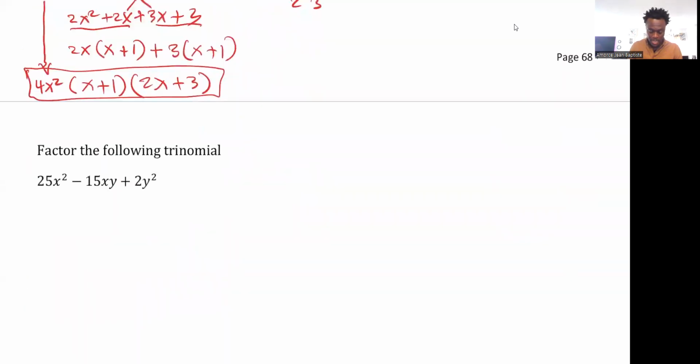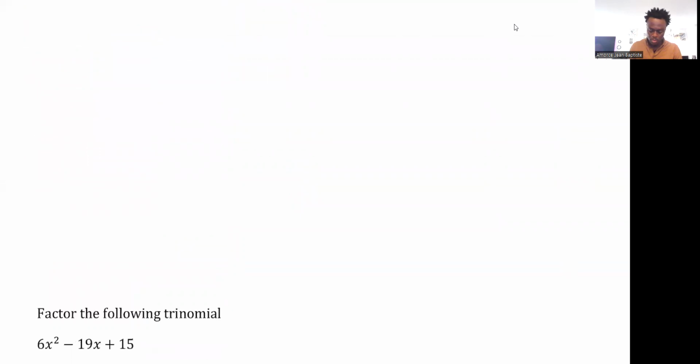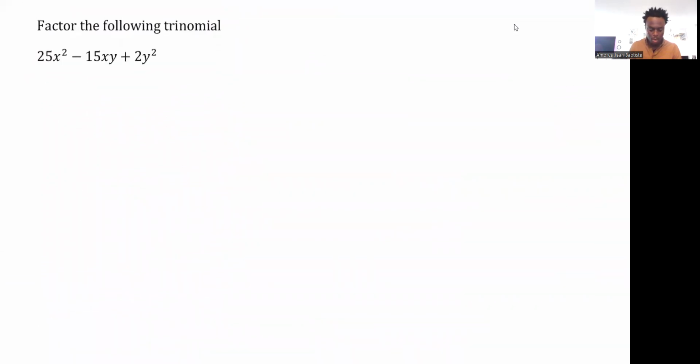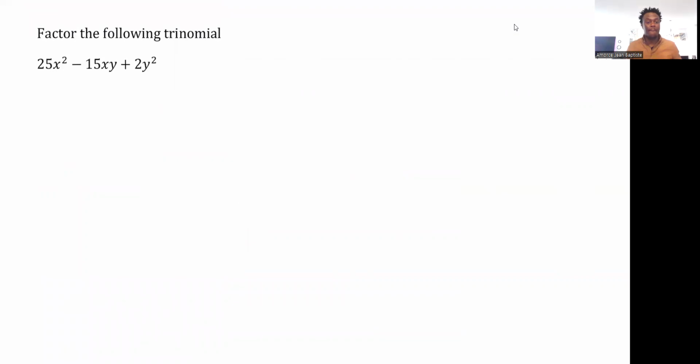Okay, how about this one here? We have two more problems to go. How about this one here? GCF, any? Not sure. So we're going to multiply the coefficient of the squared term.